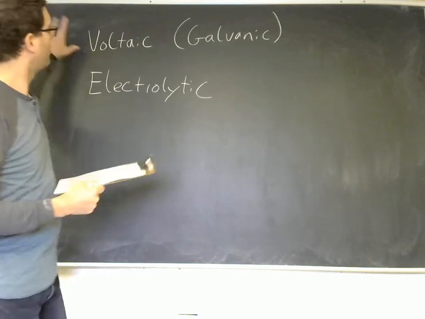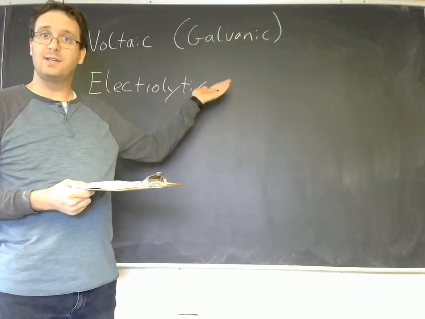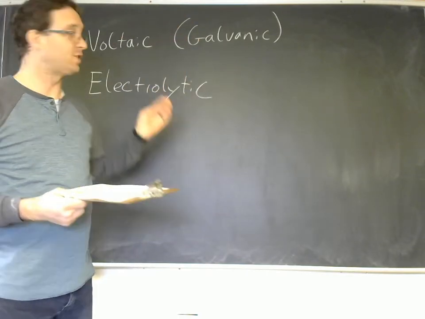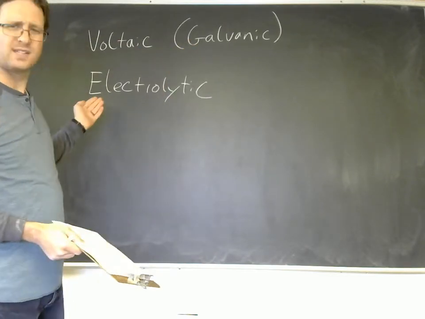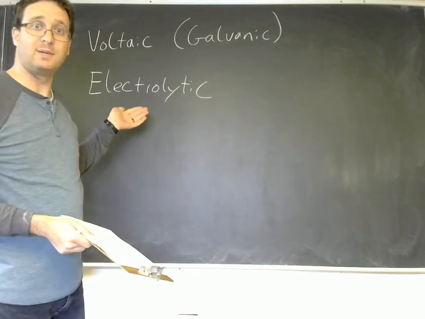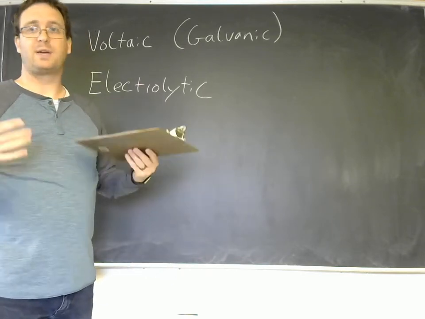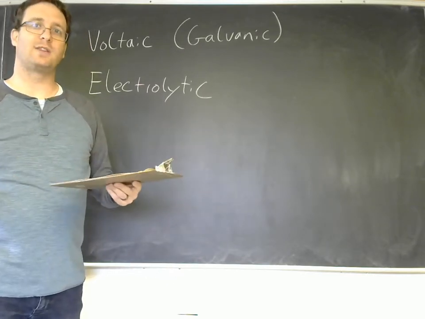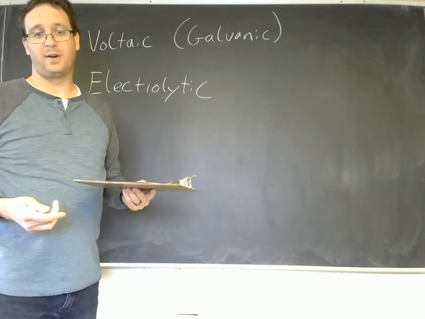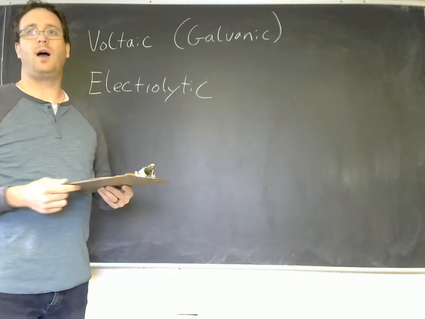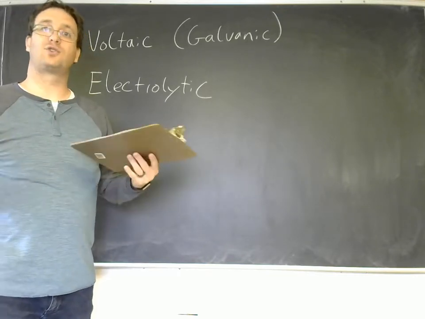So these voltaic and galvanic cells are batteries. When they are discharging, they are operating as a voltaic or a galvanic cell. An electrolytic cell would be something like a battery that is being recharged by application of an external voltage, driving the electrons against their natural flow and recharging the battery, or other applications like electroplating.